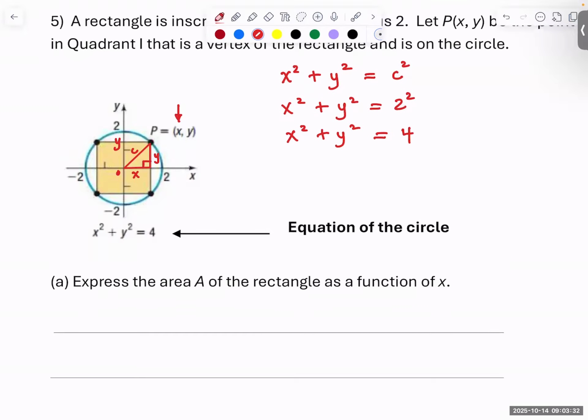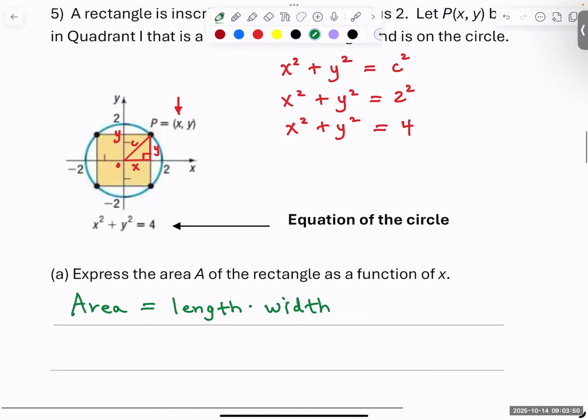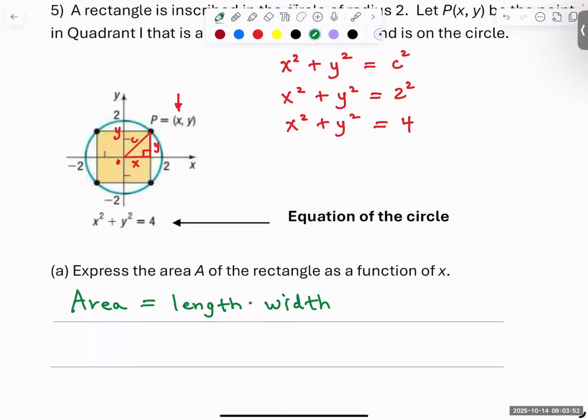Express the area of the rectangle as a function of x. Area of the rectangle is its length times its width. The length of the rectangle is x plus x, because from the origin to the left, that distance is also x.